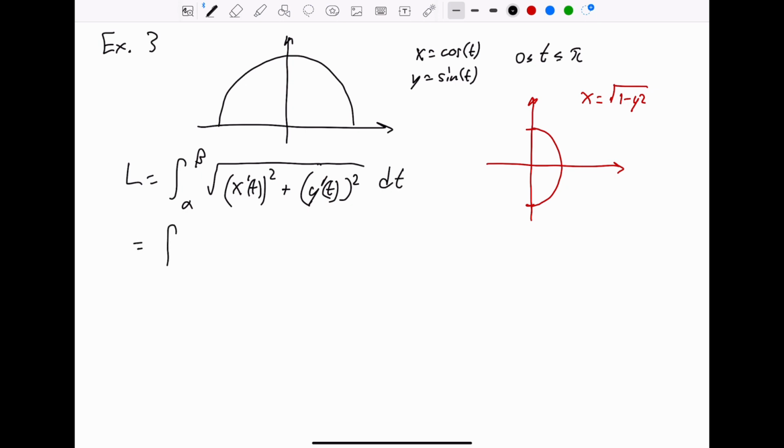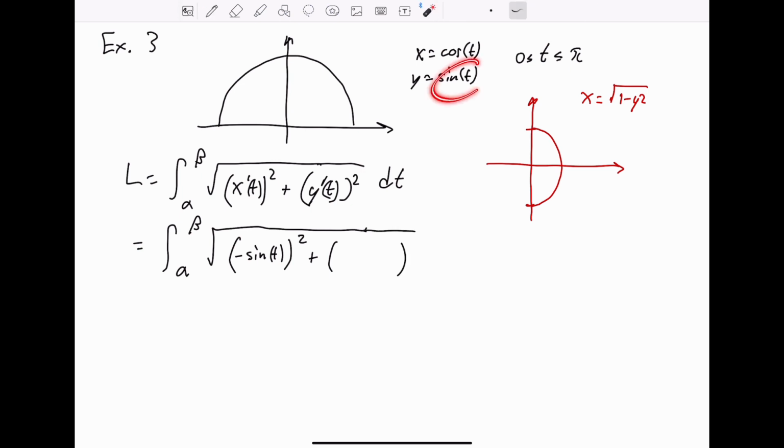So we have the integral from alpha to beta of the square root, and let's take the derivative of the x function. The derivative of the x function is negative sine of t. We're squaring that, plus the derivative of the y function. The derivative of y is positive cosine of t. And once again, we're squaring that, integrating with respect to t.